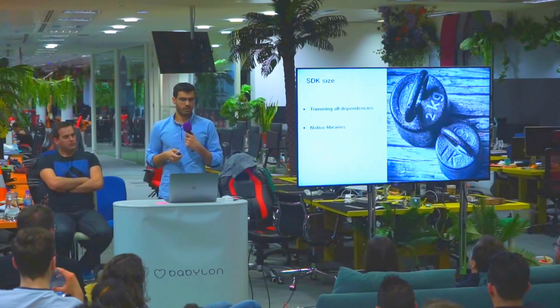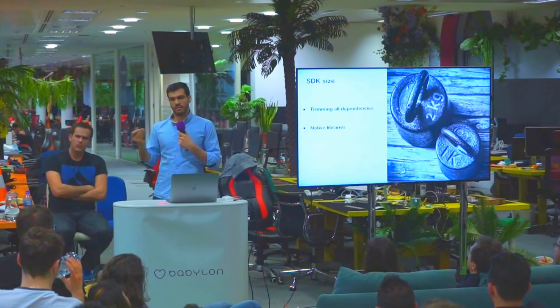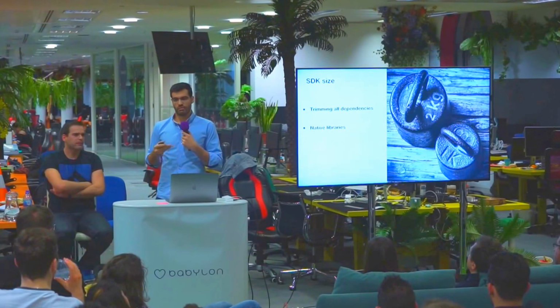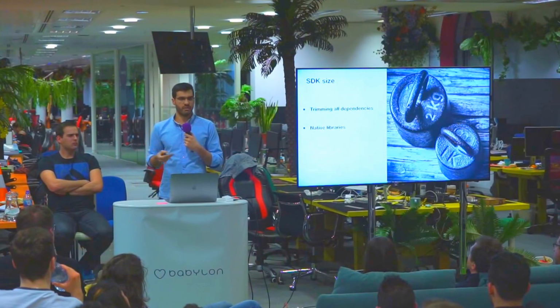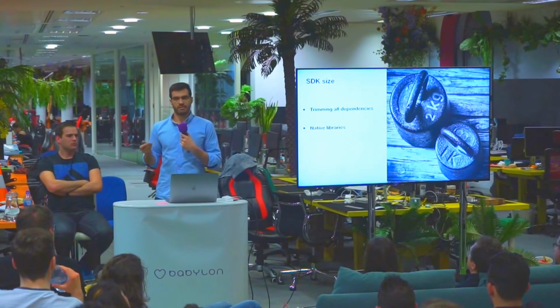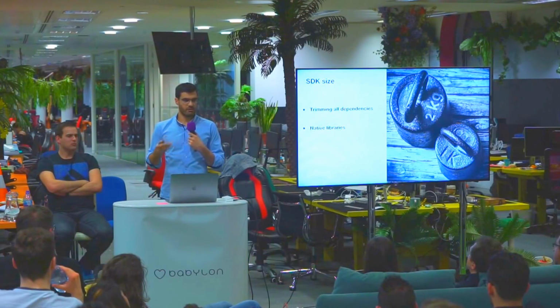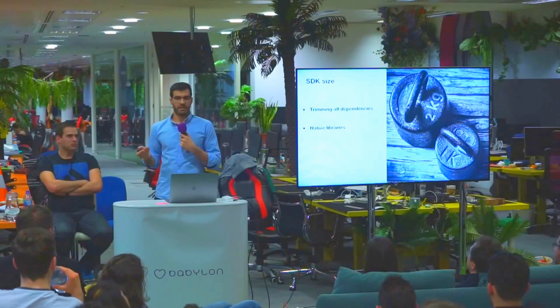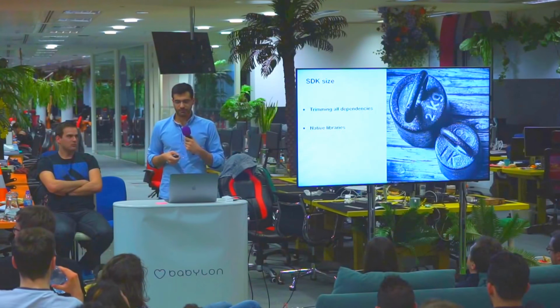I'll give you two examples. In one example, we contacted the third-party library and asked them to provide a more lightweight version that didn't contain these native libraries, as we didn't really use that functionality, and they happily did that, so we integrated the lightweight version.